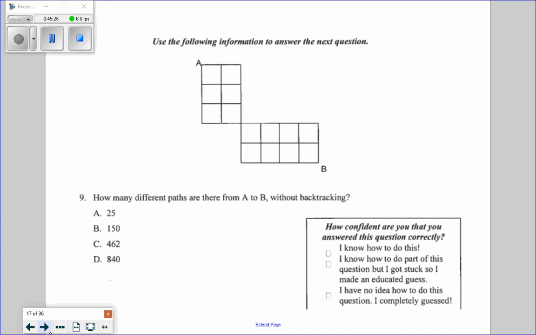Okay, so a pathways question. It's not a guaranteed diploma exam question, but they're fairly common. So how many ways are there from going from point A to point B without backtracking? This is what we did by counting corners. Remember? You start off with a 1, and you go right and down putting 1s.